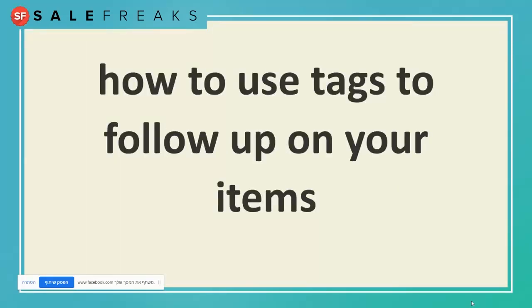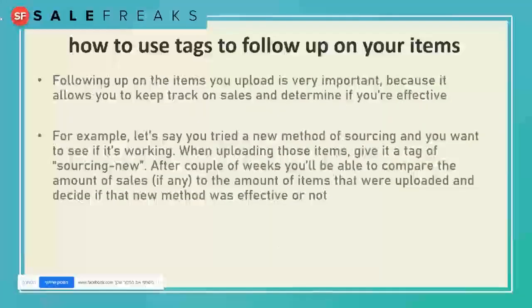Okay, now let's talk about how to use tags to follow up on your items. Following up on items you upload is very important because it allows you to keep track of sales and determine if you're effective. For example, let's say you tried a new method of sourcing and you want to see if it's working.